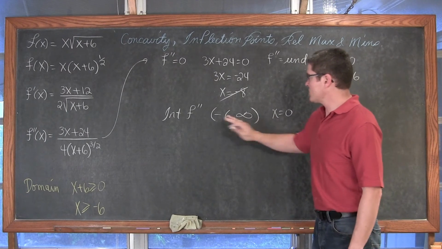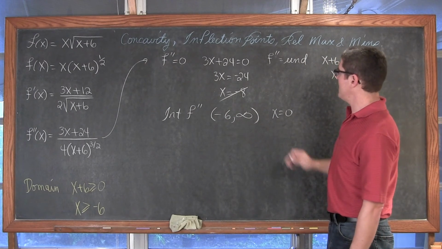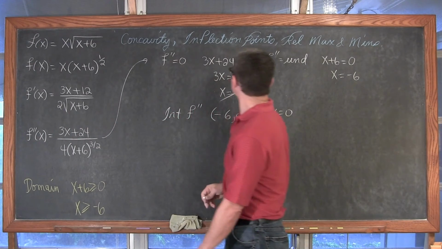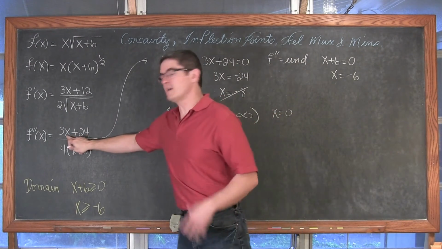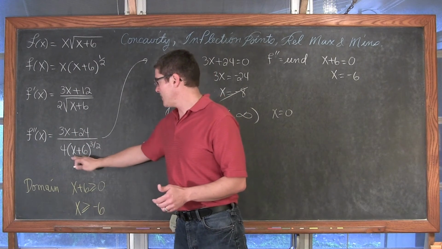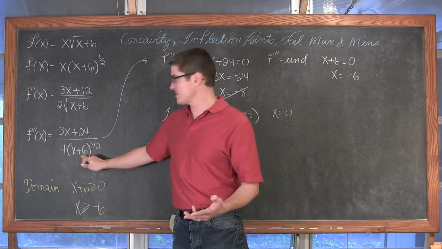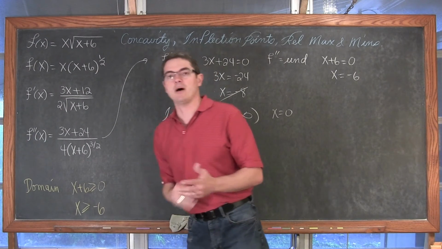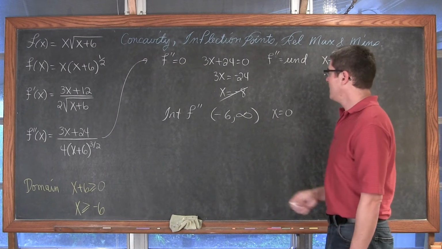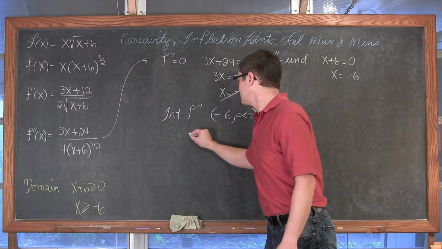Well, if I plug 0 into my second derivative, I get 3 times 0 is 0 plus 24, so the top is positive. And on the bottom I've got 0 plus 6, which is positive, and so I have a positive number on top and a positive number in the denominator, so my second derivative from negative 6 to infinity is positive.